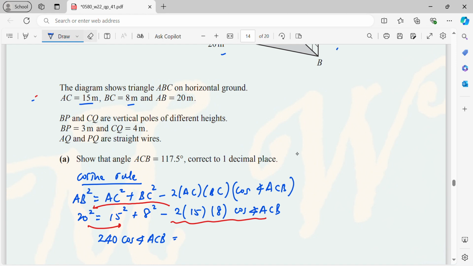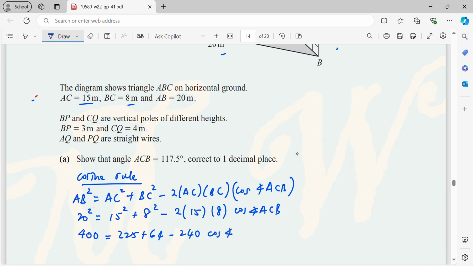Probably I will just simplify first before I move, then you can see clearly. 20 squared is 400, 15 squared is 225, 8 squared is 64. Then this is minus 240 cos angle.